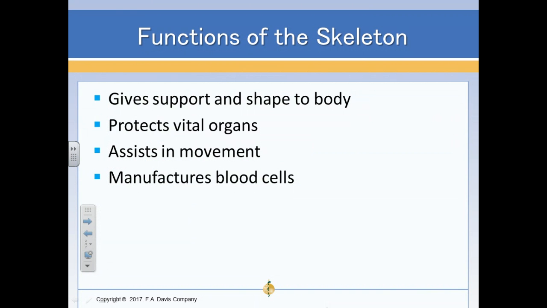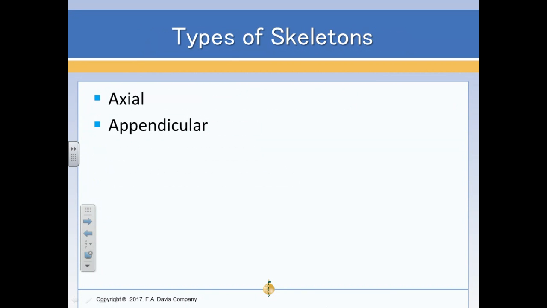Then calcium and additional minerals are stored throughout all of the osseous tissue in the skeletal system. Okay, and we're going to go over the difference in the osseous tissue and the different types of tissue. So there's axial, and then there's an appendicular skeleton. The axial skeleton forms the upright part of the body.